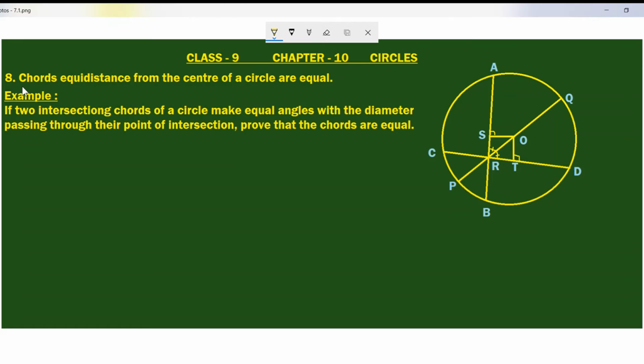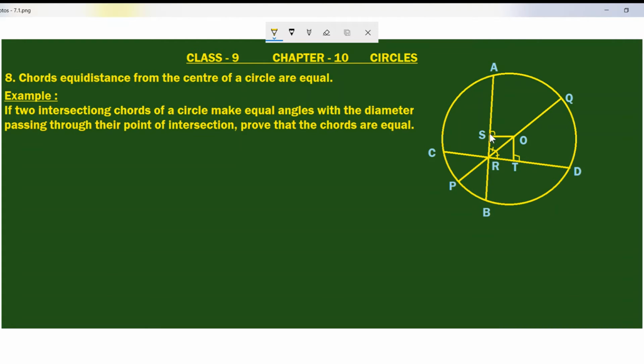Theorem number 8. Chords equidistant from the center of a circle are equal. Already in theorem number 7 we have proved equal chords will be equidistant from the center. That means if the chord AB and CD are equal, then both will be equidistant from the center of the circle.